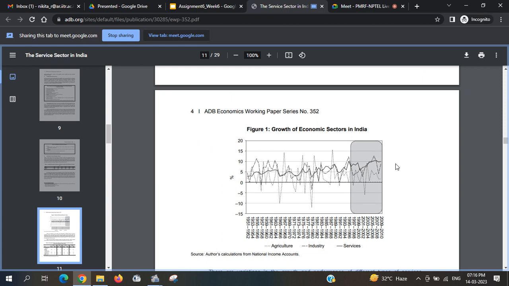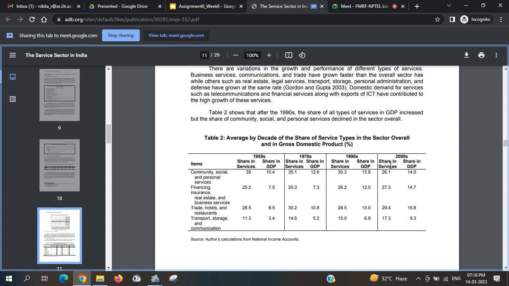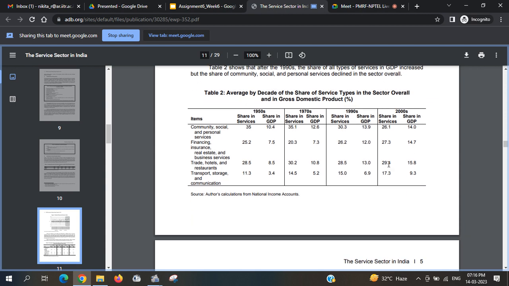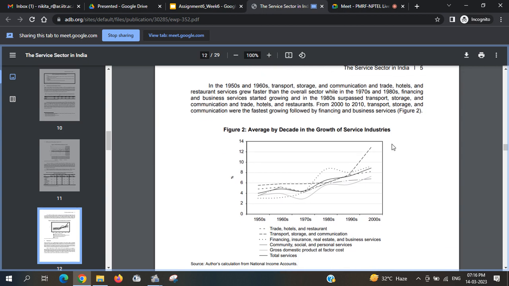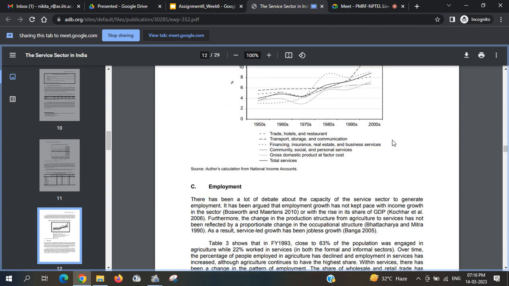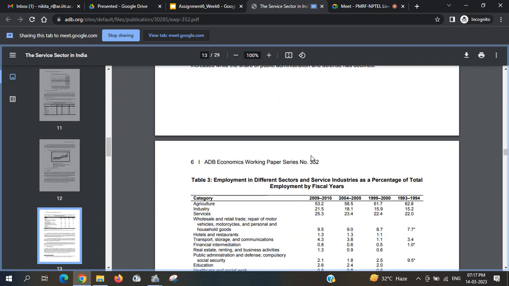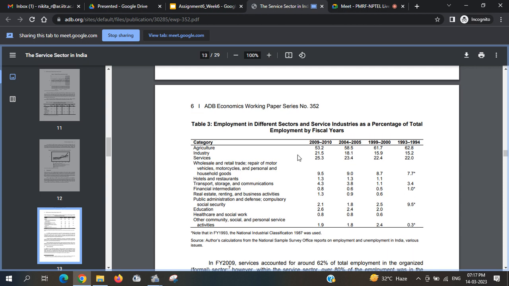Then you can see growth of economic sectors. You can even see decadal share of different service types and overall GDP percentages. You can see decade of growth of different service industries, as I mentioned. Then a little bit about employment. So employment in different sectors.